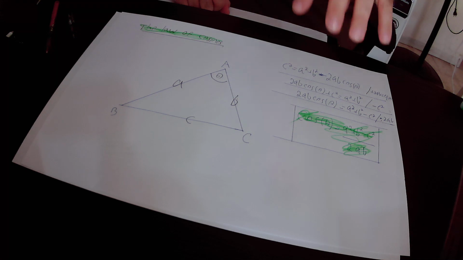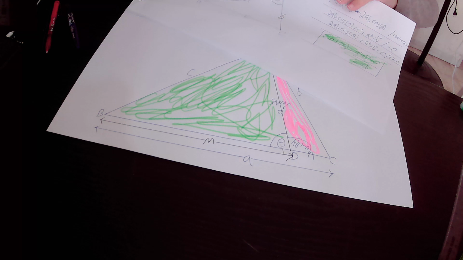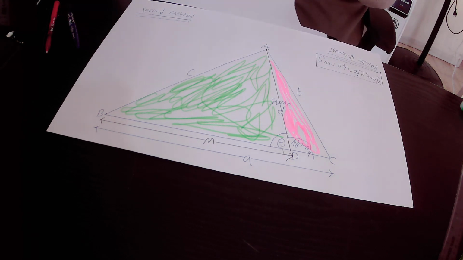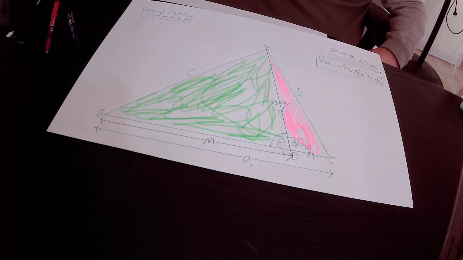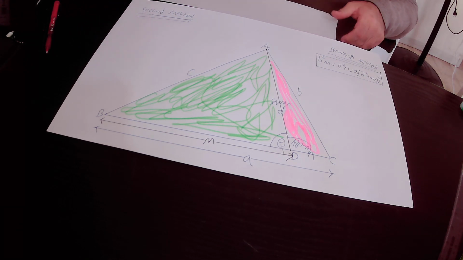In the next step, we'll implement the law of cosines in the green triangle ABD.